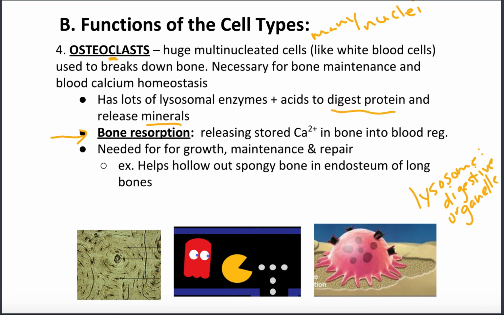A quick summary of the cell types: our osteoprogenitor cells are the precursors to osteoblasts. The osteoblasts, B for build, build our bone. Our osteoclasts break down or chew down our bone. And osteocytes maintain the bone. The word cyte means mature cell, and osteo means bone.